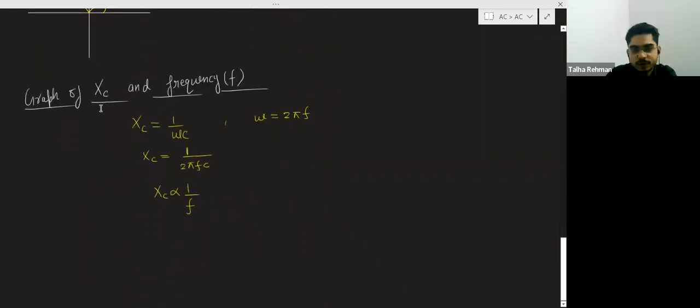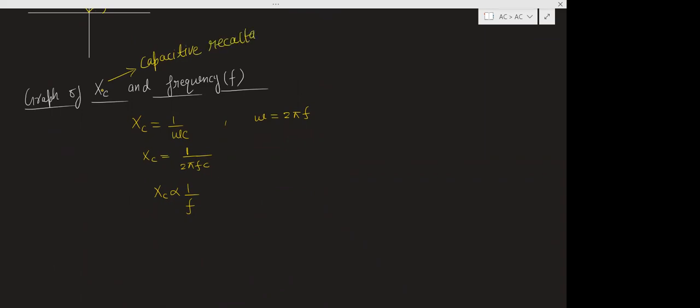So we know that if we draw the graph between the capacitive reactance Xc, what is Xc? Capacitive reactance.